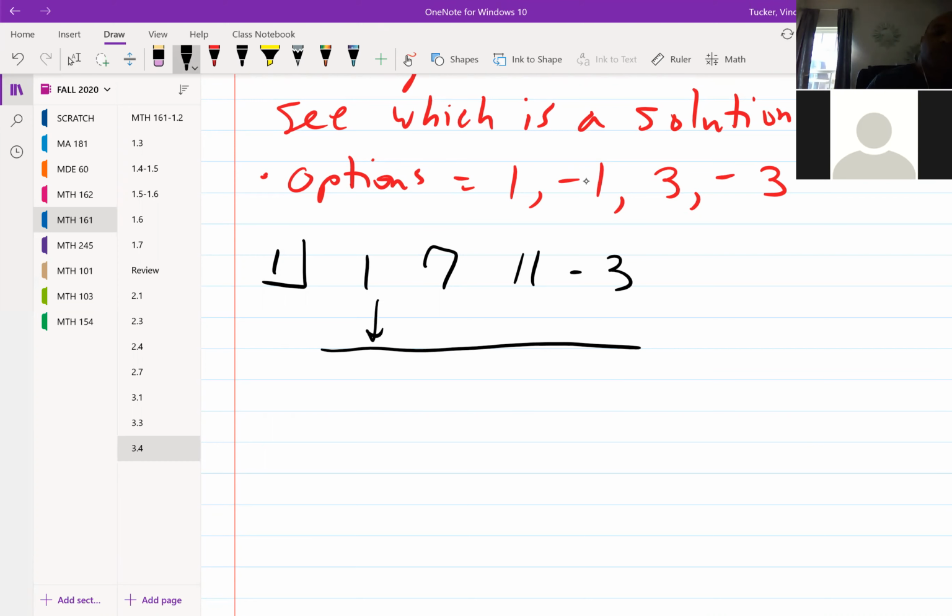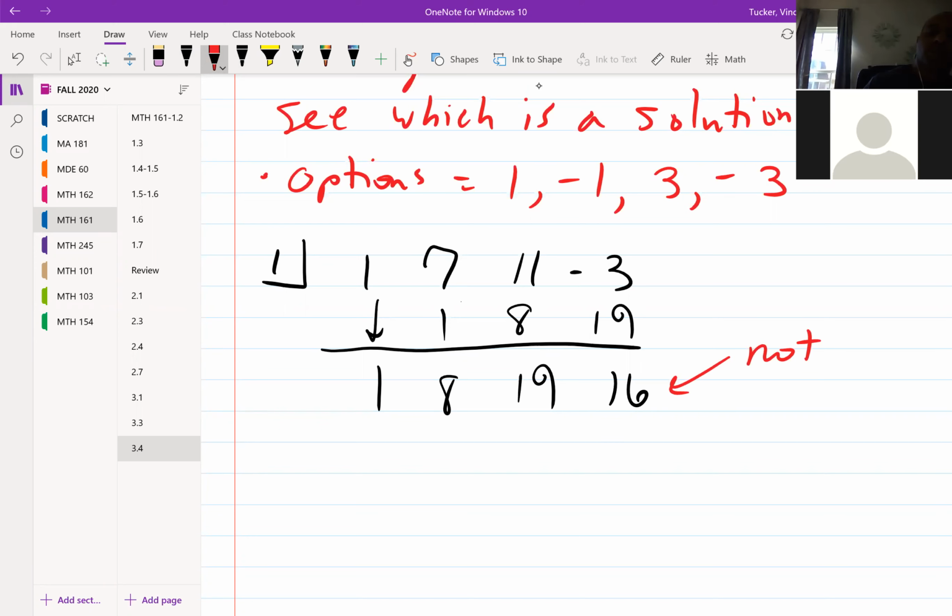So follow the synthetic division process. Bring your 1 down. 1 times 1 is 1. Add these together. 7 plus 1 is 8. 1 times 8 is 8. Take that up here. 11 plus 8 is 19. 1 times 19 is 19. -3 plus 19 is 16.